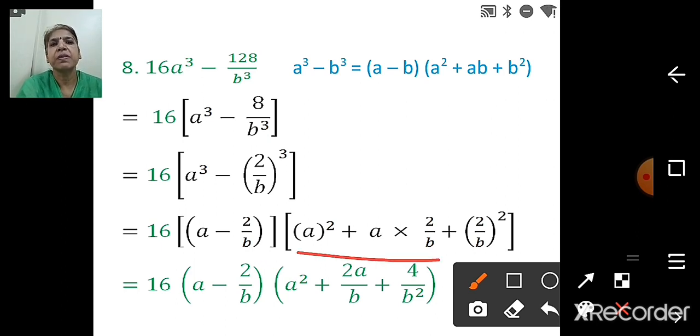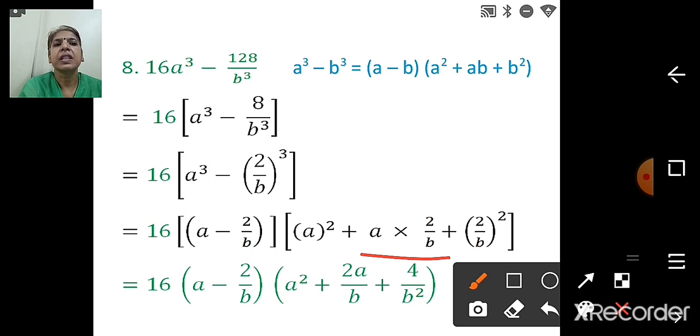And then the next factor, a square plus, what you are going to write is a square plus a into 2 upon b plus 2 upon b the whole square. Now simplify. 16 multiplied by a minus 2 upon b the whole bracket multiplied with, now simplify, square of a, a square.